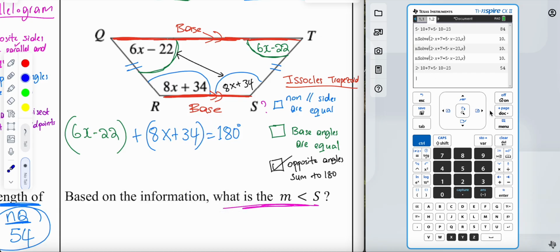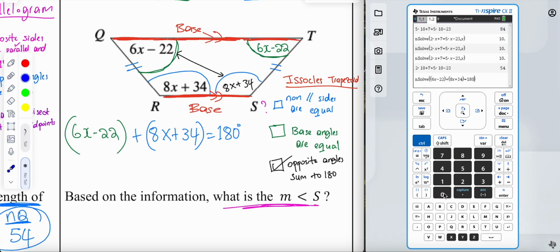So if we go to our calculator, we're going to have menu 3-1, parentheses. Always practice using your parentheses. Minus 22, close parentheses, plus, open parentheses, 8x plus 34, close parentheses, equal 180.